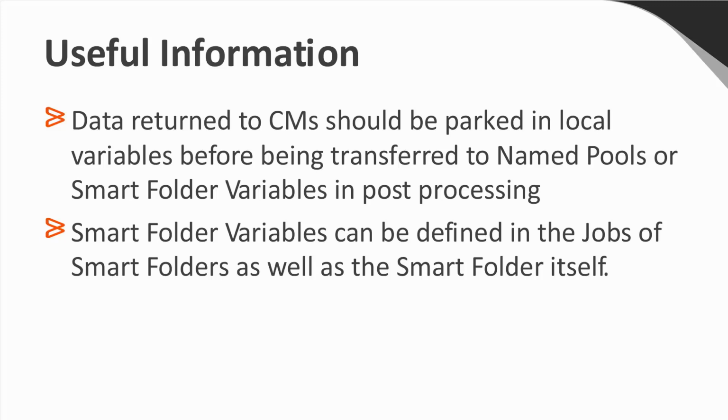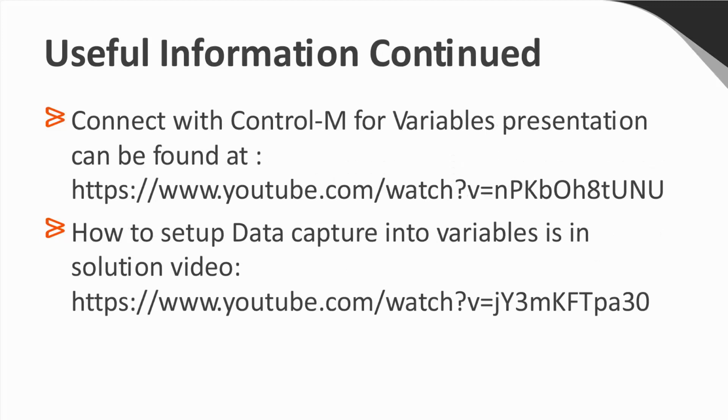In the case of smart folder, you won't see a smart folder reference, but anything that's called local will by default be made into a smart folder variable and can be used like that by anything in the smart folder itself. All right. Ronnie Cabrera did a Connect with Control-M for Variables presentation, and here's the YouTube link for that. It's quite useful. And then the data capture solution I discussed, putting data from the output of jobs into variables, can be found at this link.